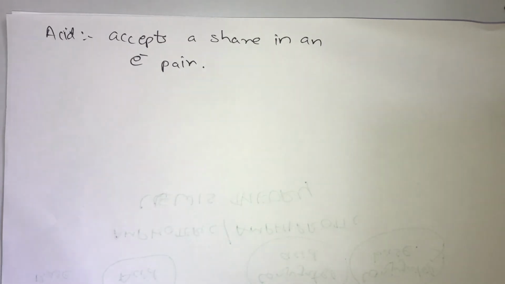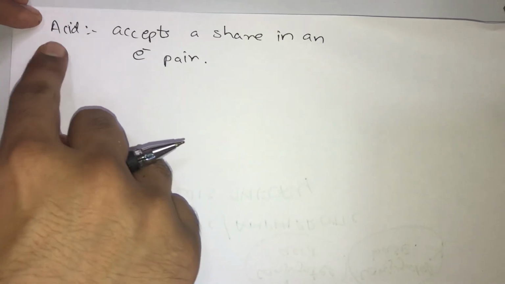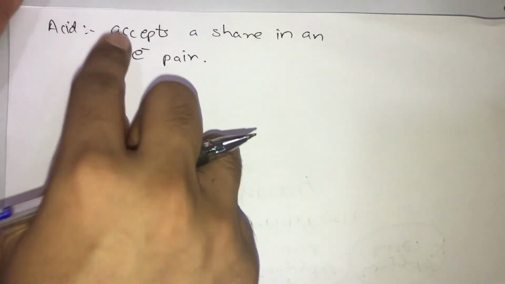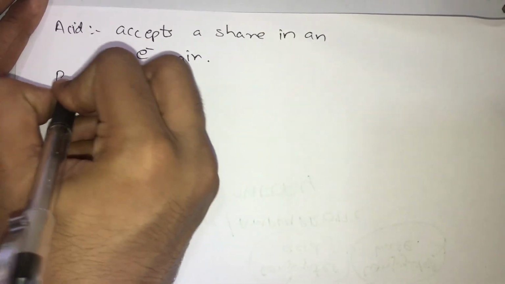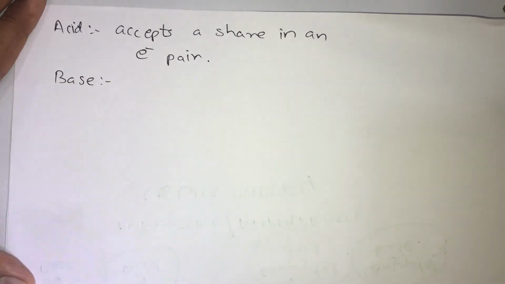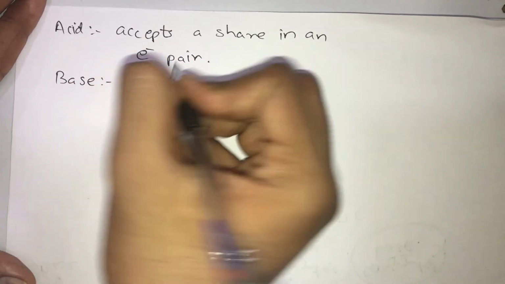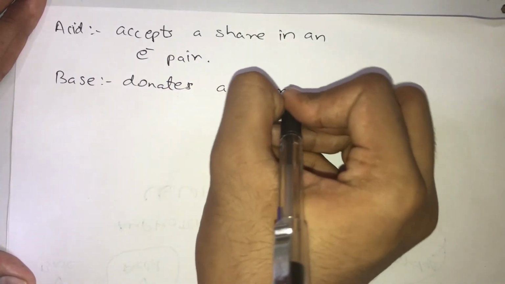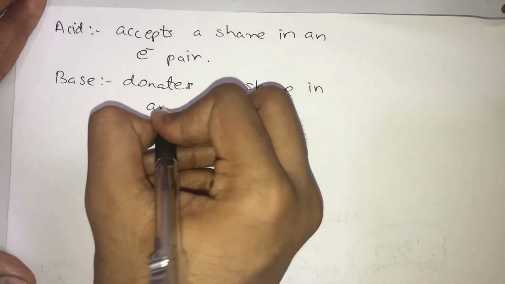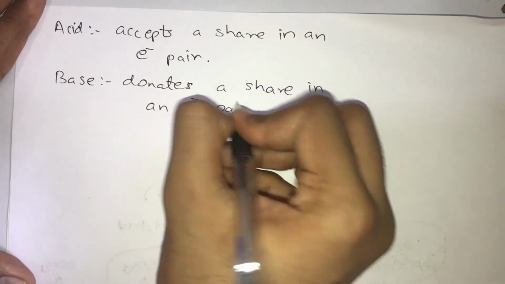Okay, so just understand the basic points, that an acid is nothing but a substance which accepts a share in an electron pair, and a base is nothing but a substance which donates a share in an electron pair.